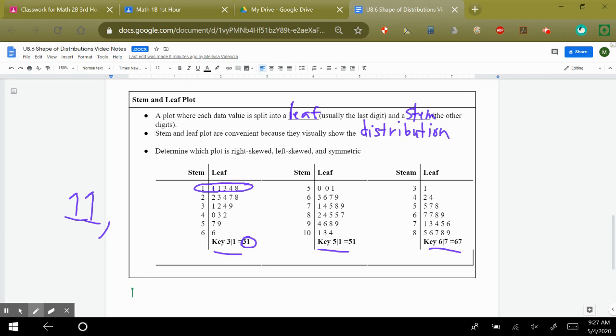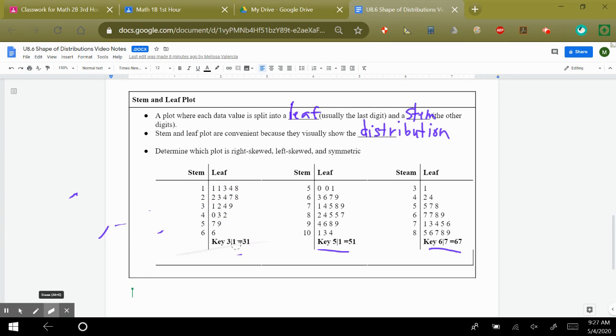I have another 11 because I have the second one right there. And then I'm going to use my stem still. I have a 1, and one of the leaves is 13, and then one of the leaves is 14, and then one of the leaves is 18. So they all start with 1s, and the leaves tell you what the 1s place should be. That's kind of what that means there.